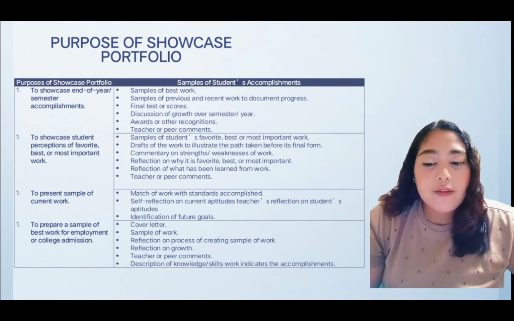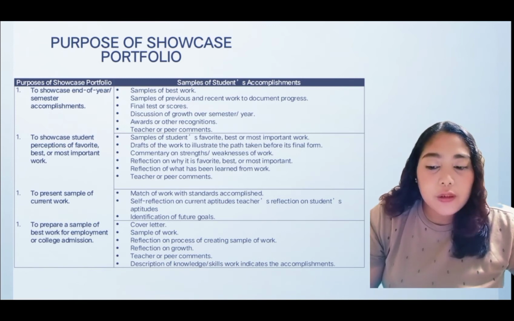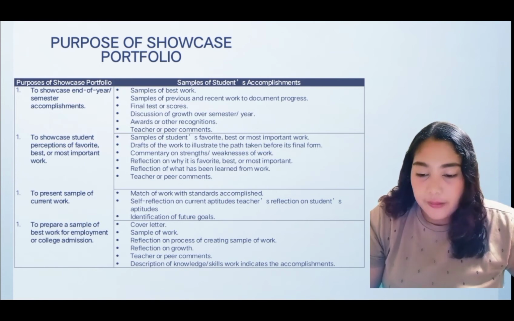A showcase portfolio for a teacher would include coursework and projects, whereas a portfolio for a job interview would showcase abilities and qualifications. This is why, while building these display portfolios, it is critical to keep the audience in mind.